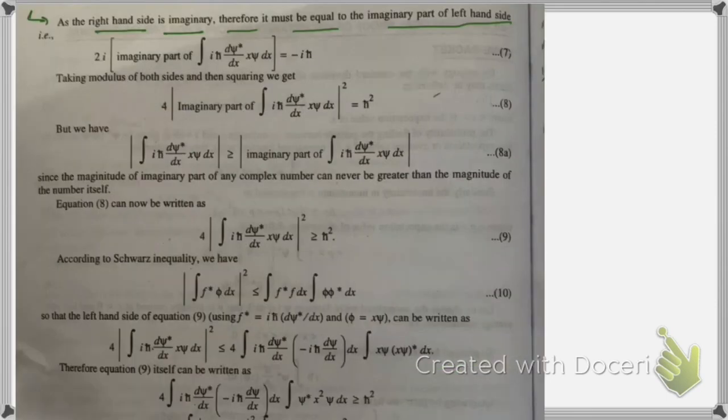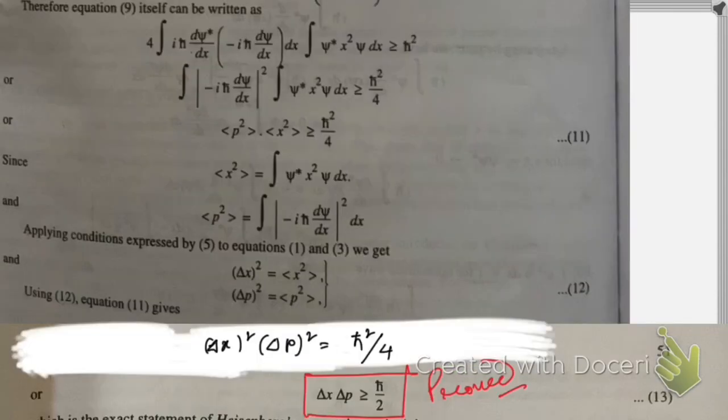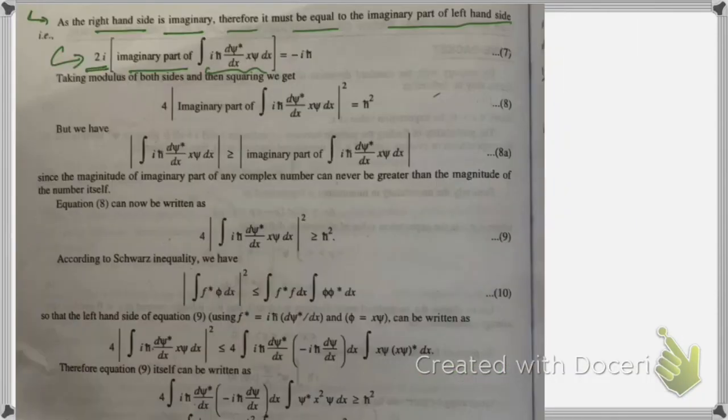So that's why you will get this result, right? 2i times the imaginary part of this expression, because in equation number 6 when you take the imaginary parts, you will get twice the imaginary part of this expression, right? If you add the imaginary parts there will be twice the imaginary part.